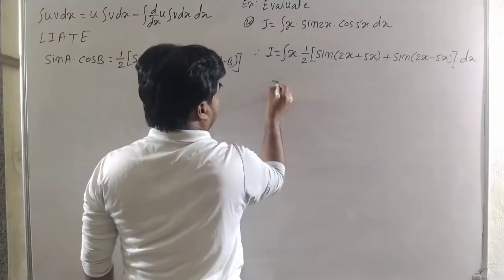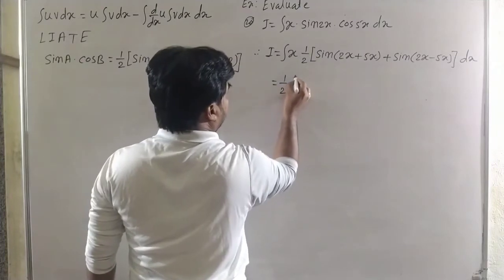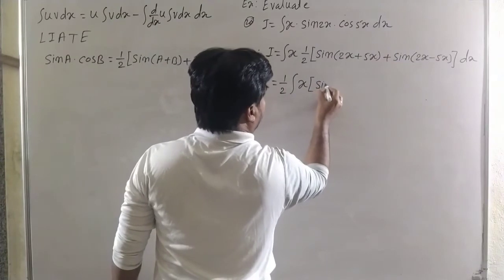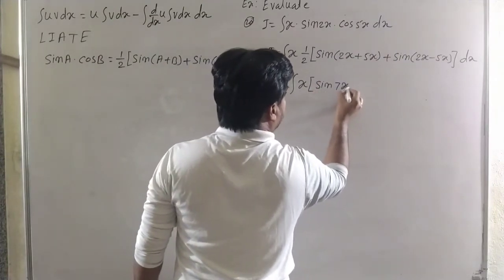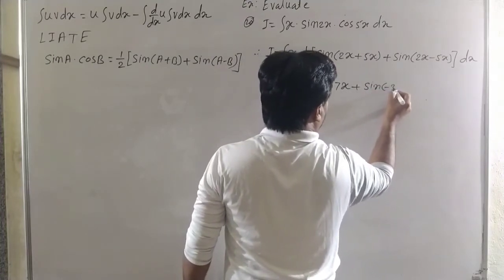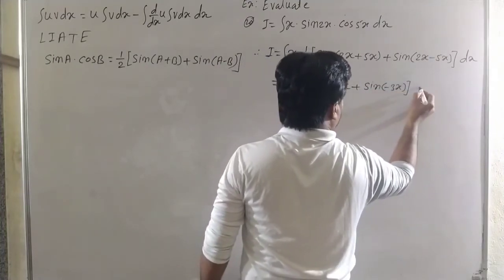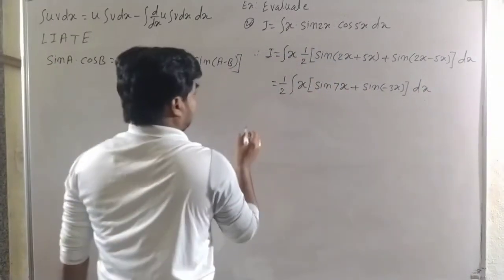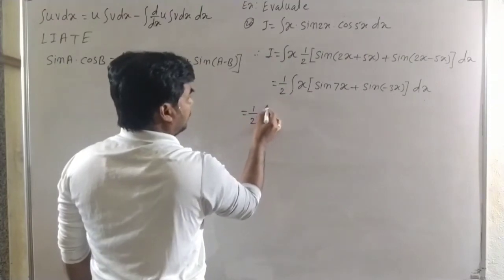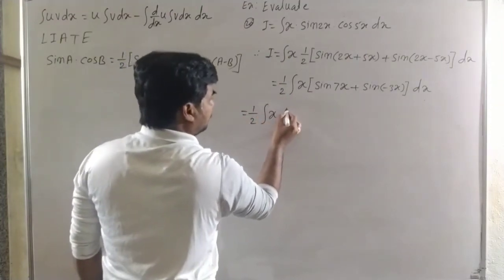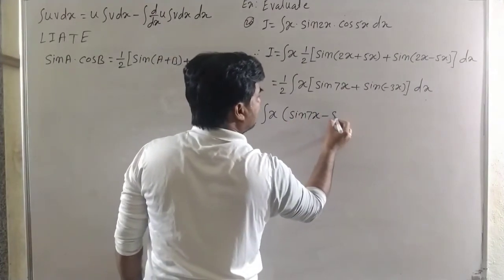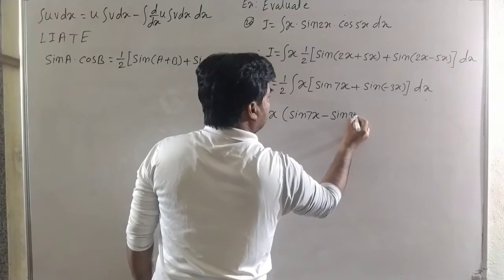We get here 1 by 2 integral of x into sin 7x plus sin minus 3x dx. Here these two terms can be written, see carefully here, as 1 by 2 into the integral of x into sin 7x minus sin 3x.